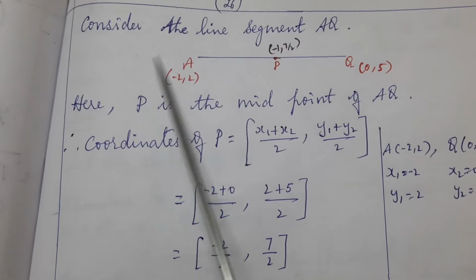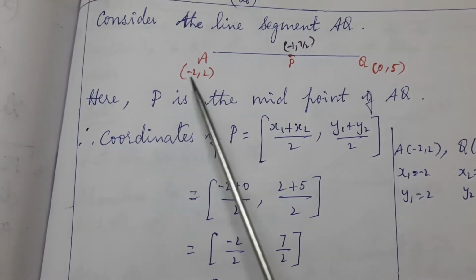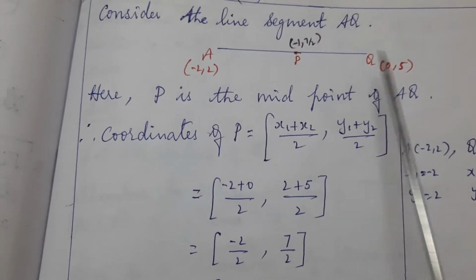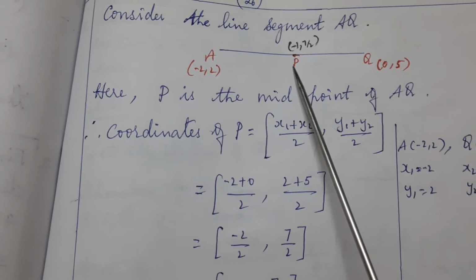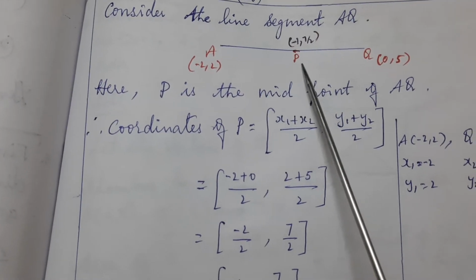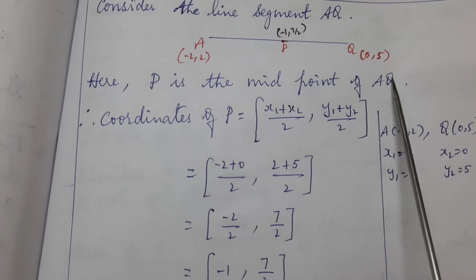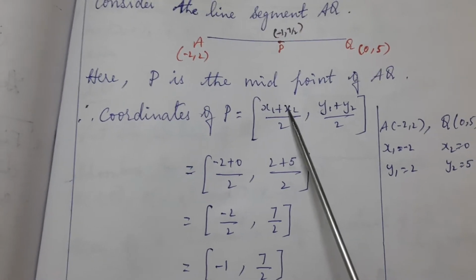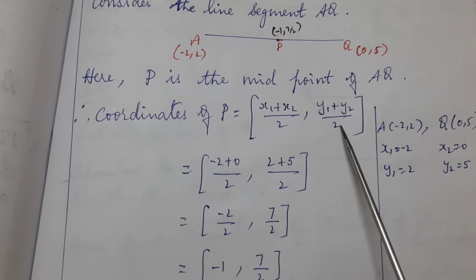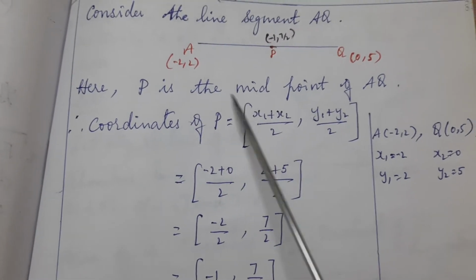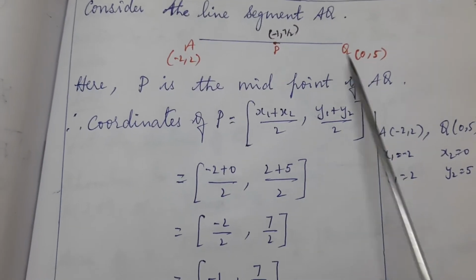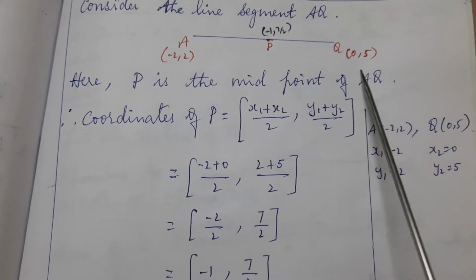Now consider the line segment AQ. As I told you before, AQ is the line segment, and P is the midpoint. So we have to find the coordinates of P. Here P is the midpoint of AQ. So coordinates of P is (x1 plus x2) by 2, (y1 plus y2) by 2. Here the 2 points are A and Q, so A is x1, y1 and Q is x2, y2.